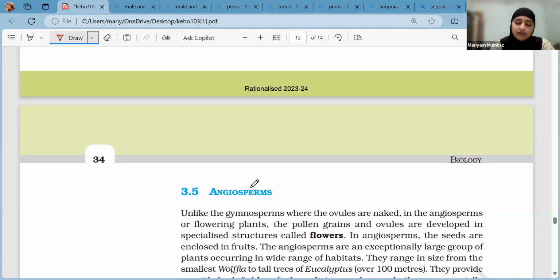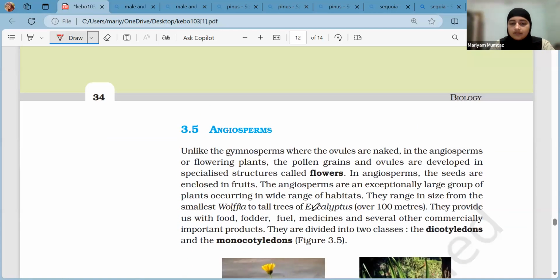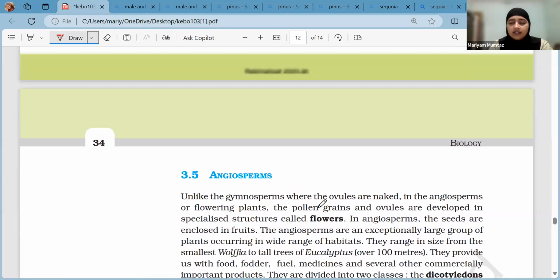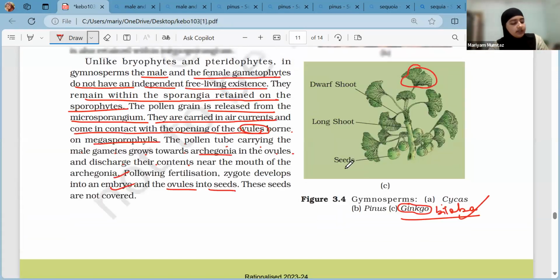Now tell me, if you have any doubts, anything that you want to understand. So what is the next chapter that I was going to do? Was this chapter nice, or biological classification?